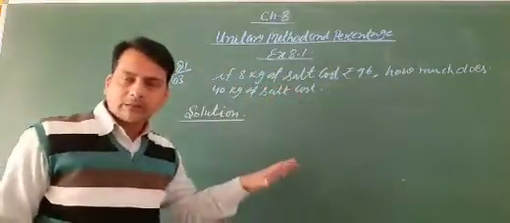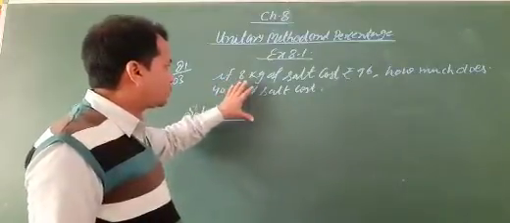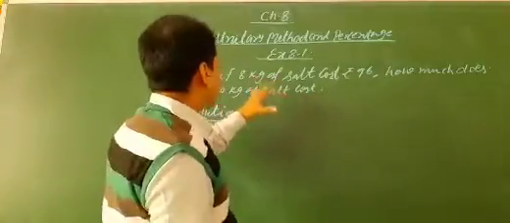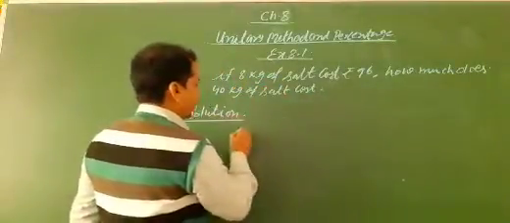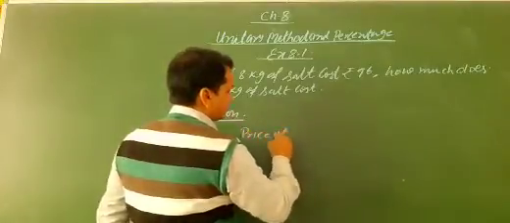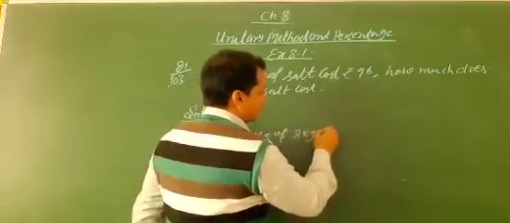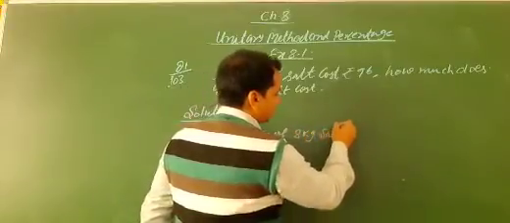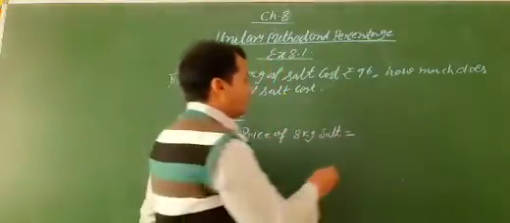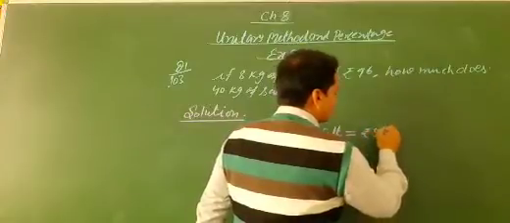This question is based on the unitary method. So in this question, the given clue is here: the price of 8 kg salt is equal to 96 rupees.